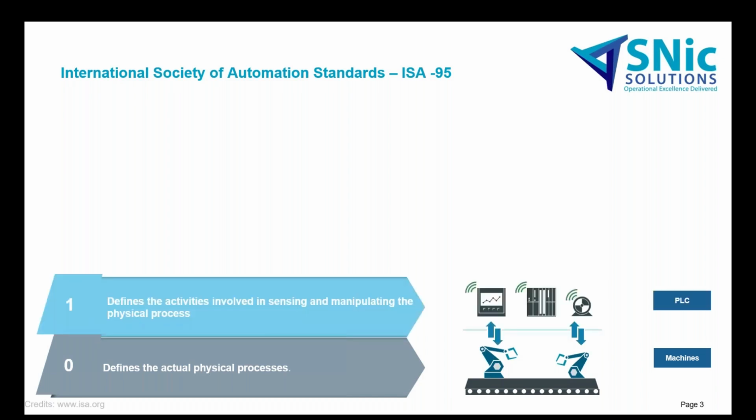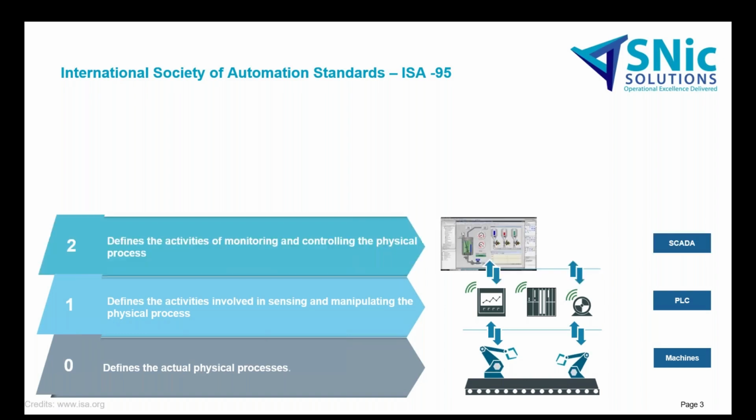We then move on to level 1, which is where you bring in your sensors, your PLCs. And level 1, as per ISA 95 standards, defines all the activities involved in sensing and manipulating the physical process. So if I need to tell the machine stop or start, the sensors are what actually sense and manipulate this information.